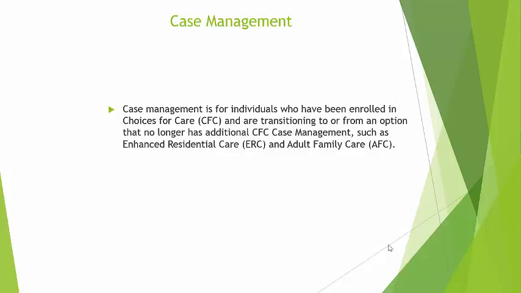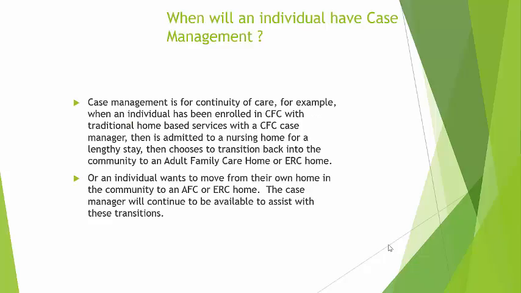And those case managers would be allowed to work with the individual through the transition from a traditional home-based option or flexible choices home-based option to adult family care. So we do want to allow case management for continuity of care when it makes sense.